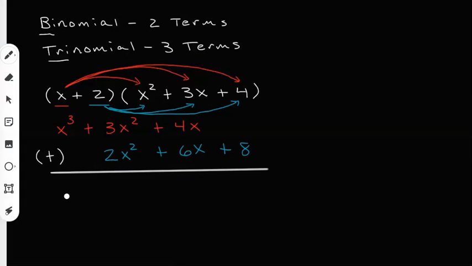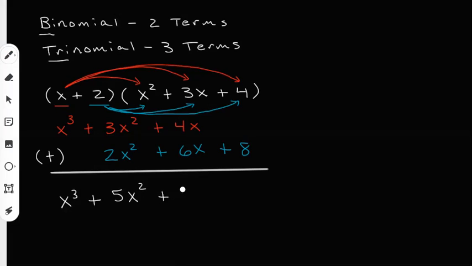So the first thing I'm going to do is bring down the x cubed, just bring it down the way it is. Next, I'm going to add up the x squared terms. 3 plus 2 is going to give me 5, so I'm going to have 5x squared. Notice that the 3 plus 2 is going to give me 5, but the x squared stays the same.